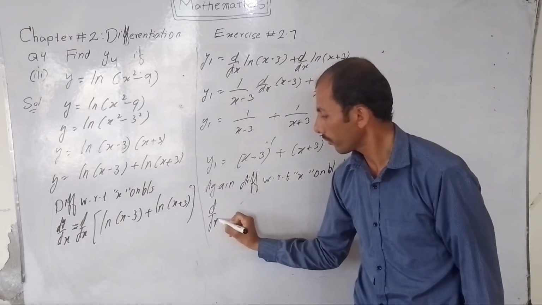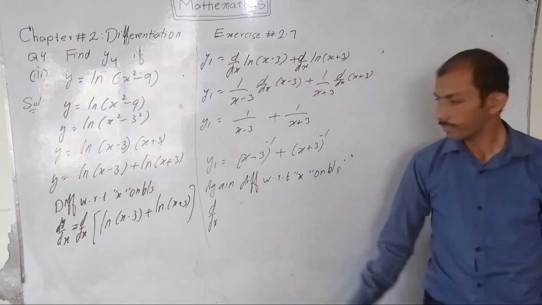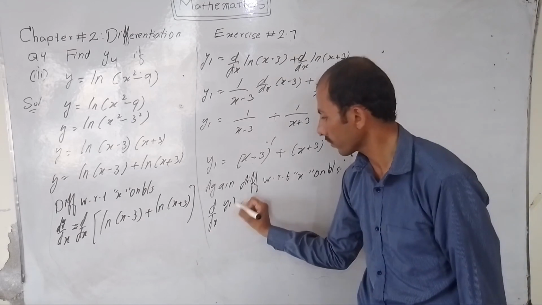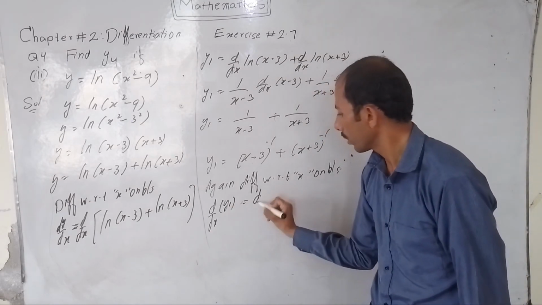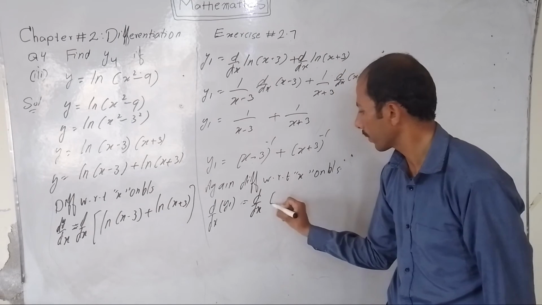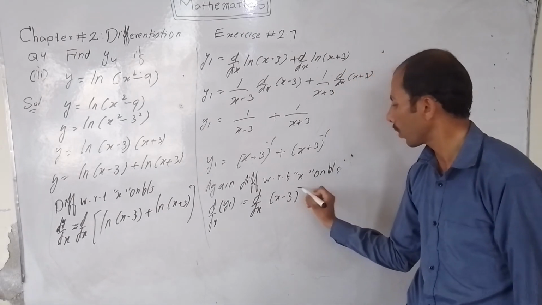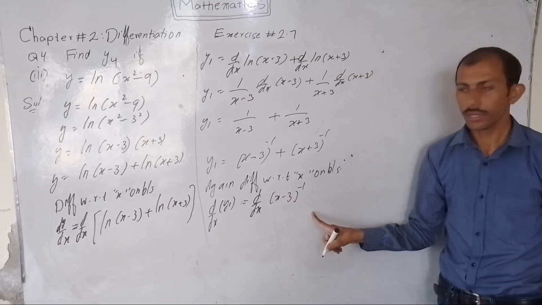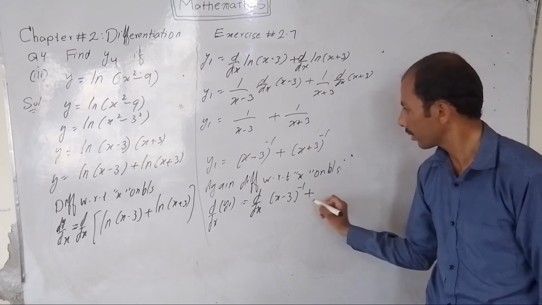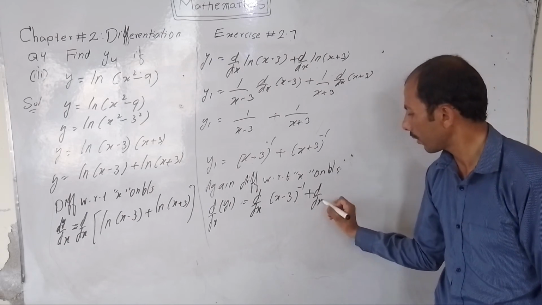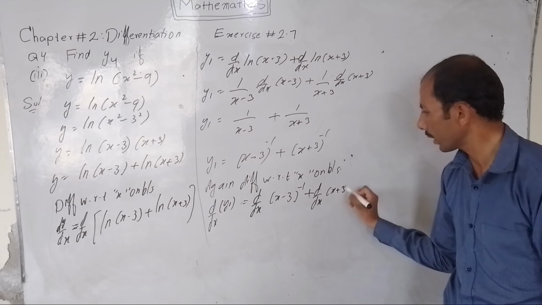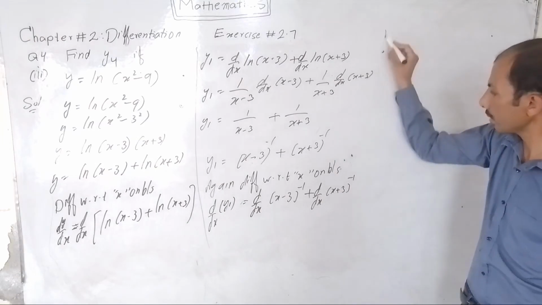Derivative of y1 with respect to x is equal to derivative of (x minus 3) whole power minus 1 plus derivative of (x plus 3) whole power minus 1.